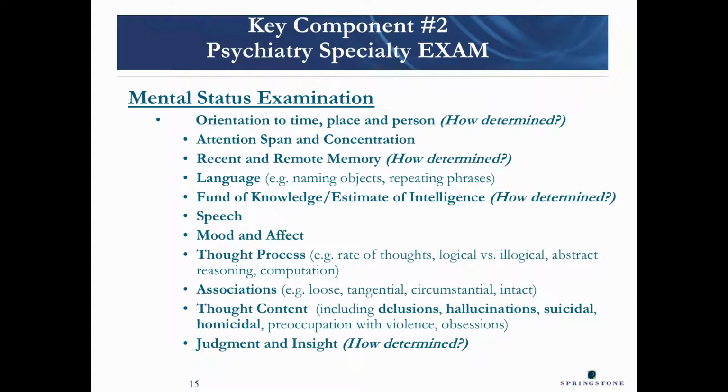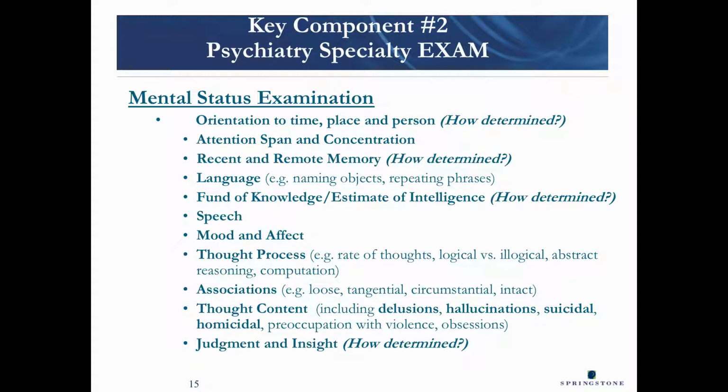The other areas that might be a little different are that this exam includes language, which is the neurologic sense of language, naming objects and repeating phrases. Another part is that thought process is a separate bullet from associations.